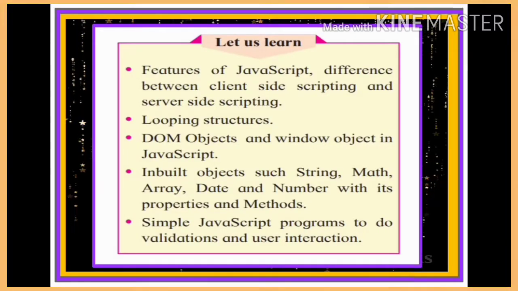In this chapter, you will learn features of JavaScript, the difference between client-side scripting and server-side scripting, looping structures, DOM (Document Object Model) objects and window objects in JavaScript, and inbuilt objects such as string, math, array, date, and number object with its properties and methods. Also, you will see simple JavaScript programs to do validations and user interaction.